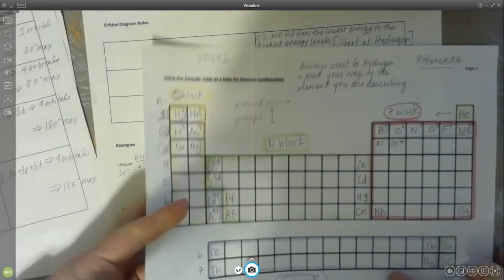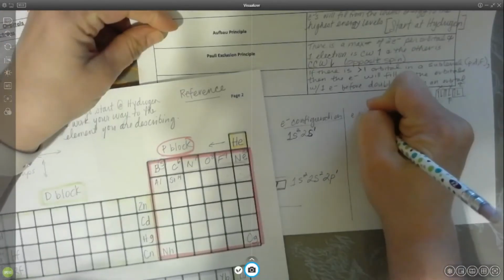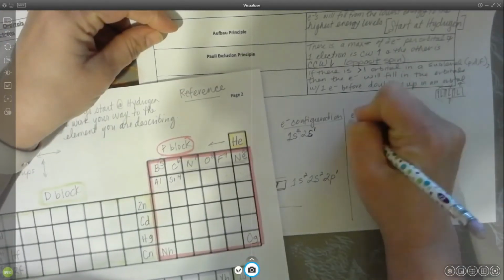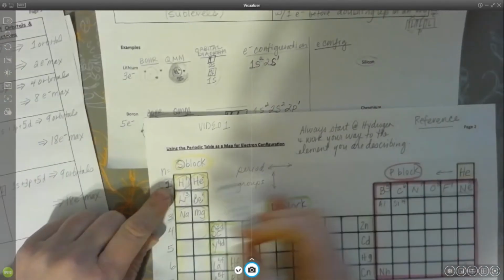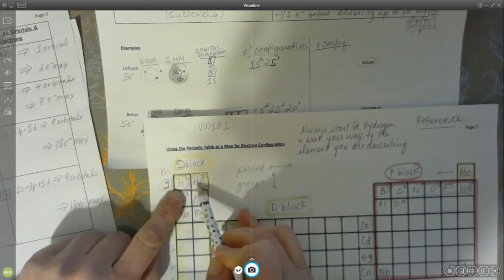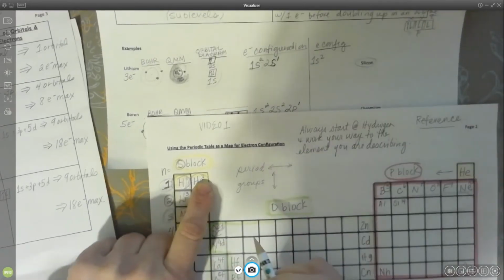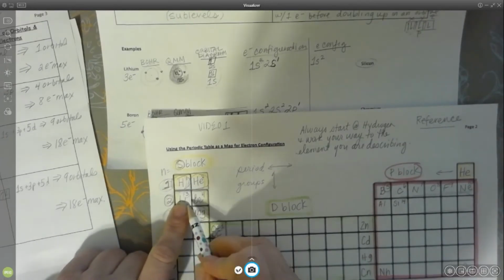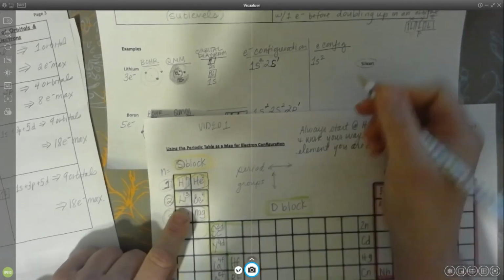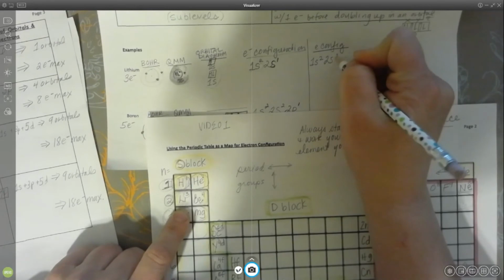Okay, so let's do this. And I think we can start with the electron configuration first for silicon. So it always starts off the same way. You start at hydrogen. Hydrogen and helium together are going to be 1s2. And I go to the next row, 3 and 4. Okay, so now I'm going to say 2s2.